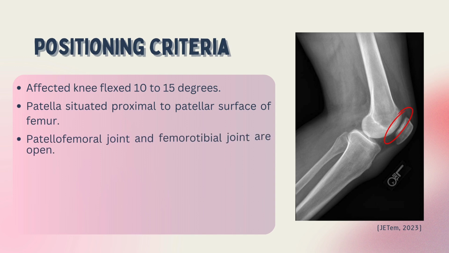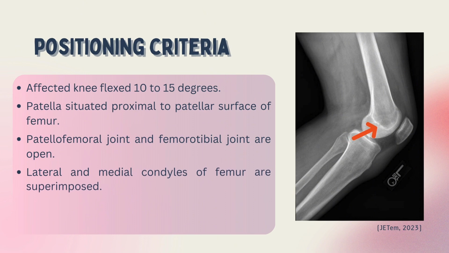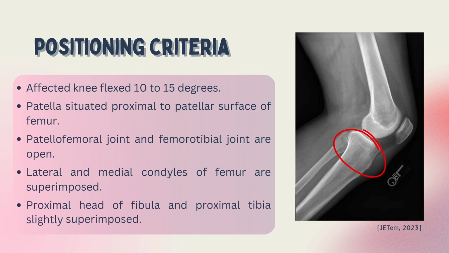Next, the patellofemoral joint and the femorotibial joint should be open, to ensure the knee is in true lateral position, without any rotation. Then, the lateral and medial epicondyles should be seen superimposed with each other. Last but not least, the proximal head of fibula should be slightly superimposed with the proximal tibia, to show correct rotation.